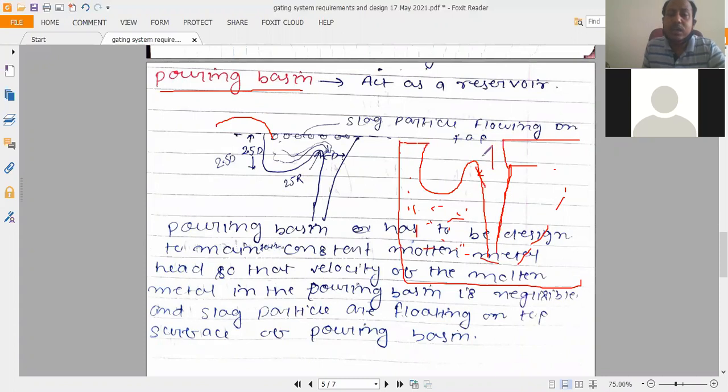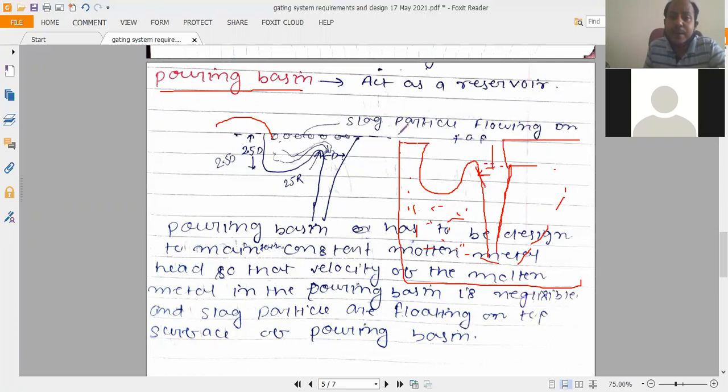So the velocity of the molten metal will be greater here, then turbulence will occur, and if turbulence occurs, slag formation will occur. Slag is nothing but oxygen and air aspiration from the atmospheric air reacting with the molten metal and solidifying, and the slag goes inside.